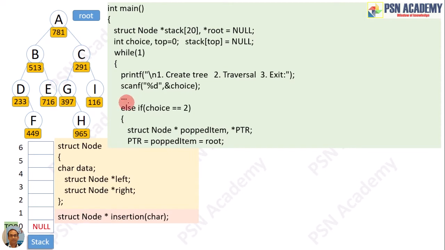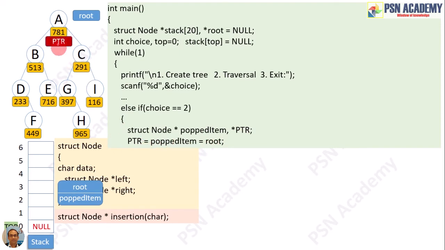Now the code will be here in this area. The code I have explained in my previous video. So in this video, we will go for explaining the choice 2. Now we declare a popped item pointer of struct node type and another pointer ptr. Now we set the ptr and the popped item to root.